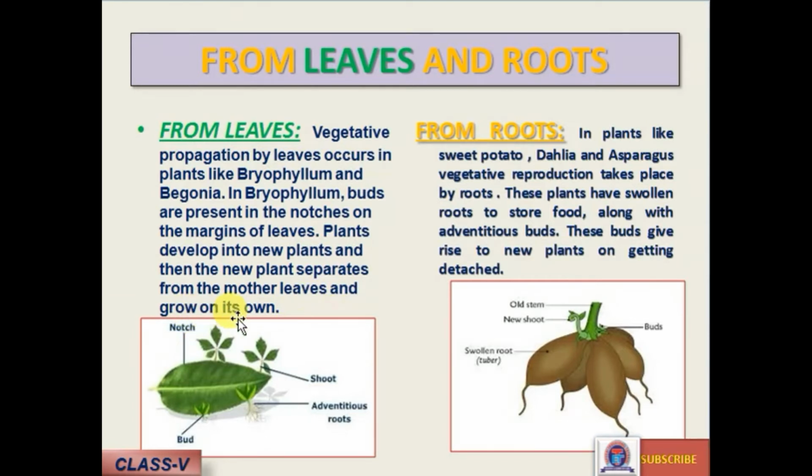Okay, children? Now vegetative propagation occurs from roots in plants like sweet potato, dahlia and asparagus. The vegetative reproduction takes place by roots. These plants have swollen roots.